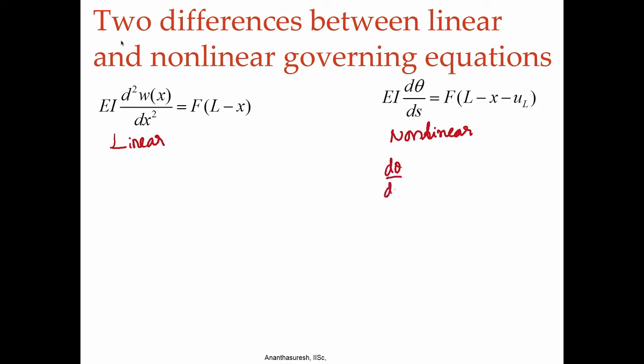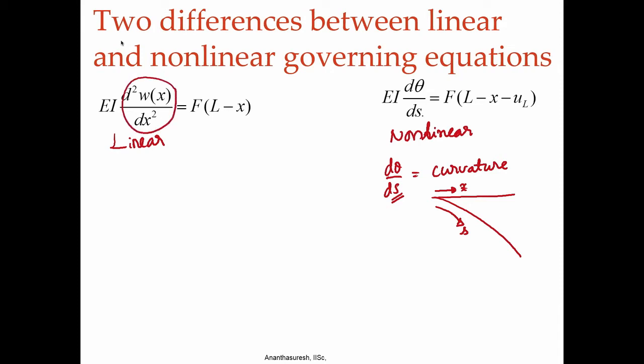And you can see that d theta by ds, which is nothing but the curvature, is how the slope of the beam is changing with respect to the arc length parameter S. So, if the beam is like this, we measure S along the bent profile of the beam, rather than the original one, which may be like this, that will be x, whereas this is S, and d theta by ds is the curvature.